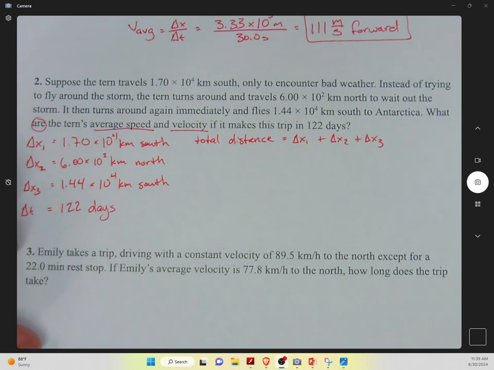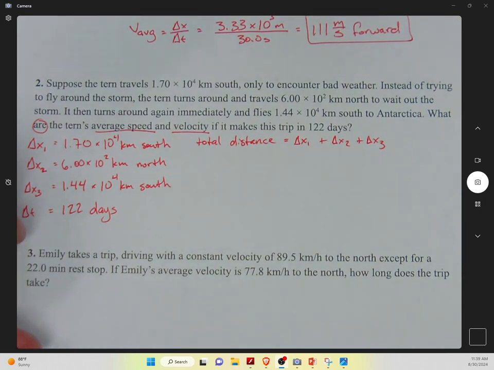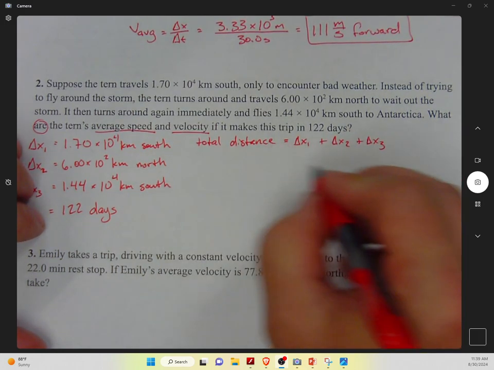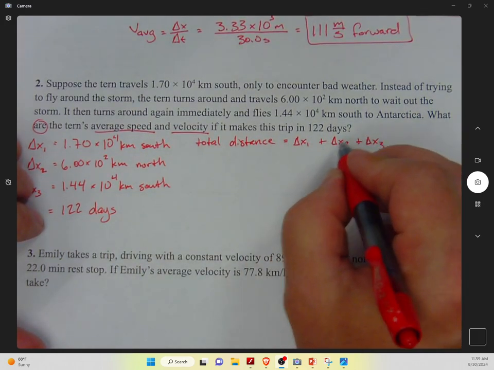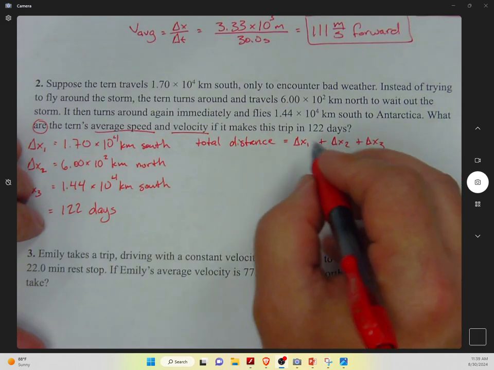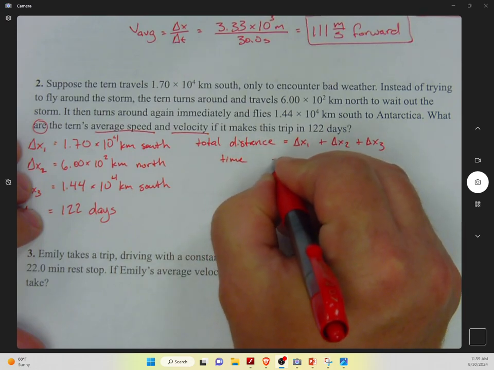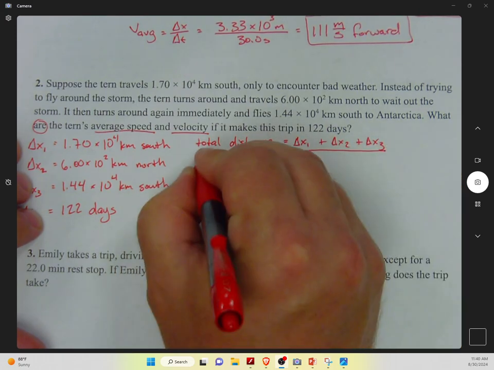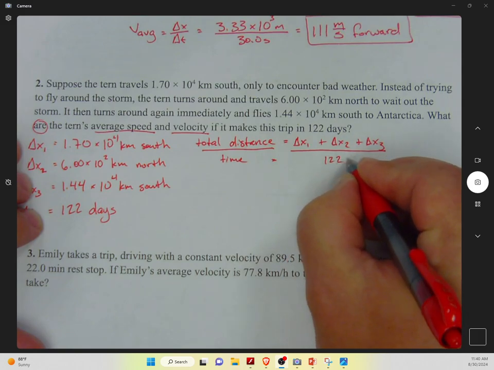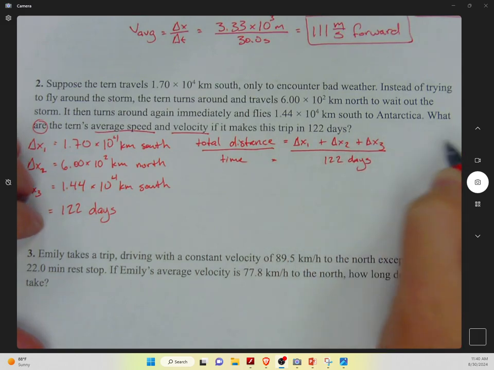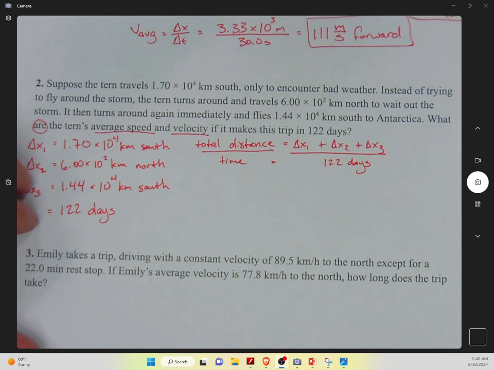That's my total distance traveled. Fair enough? Once I get this sum right here, I'm going to divide it by time, which would be 122 days. Fair enough? You guys see my strategy here?